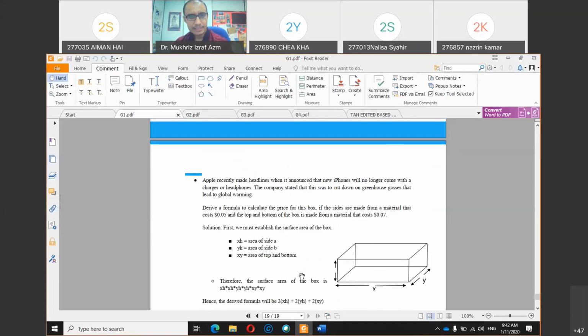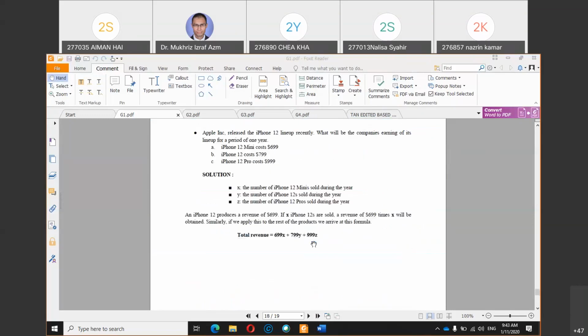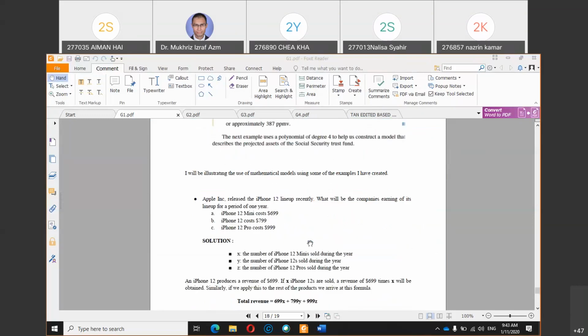What happened to you guys? This example, Apple made headlines. Chia, where did the others go? They ran off already. Abdullahi, where are you?